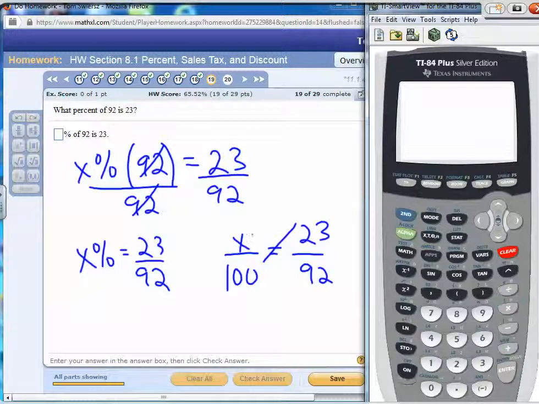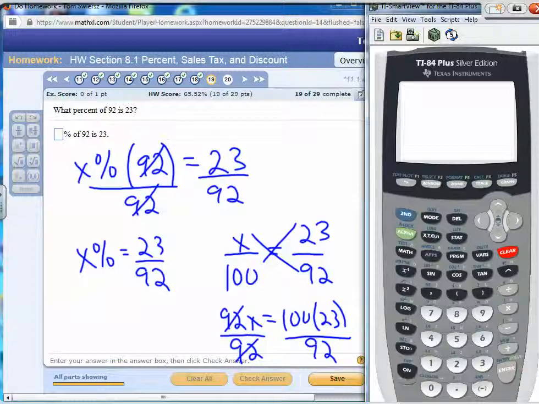Cross multiply: 92x equals 100 times 23, then divide both sides by 92 to get x is 100 times 23 over 92. The percent here is 1 over 100, so we take this and multiply by 100.